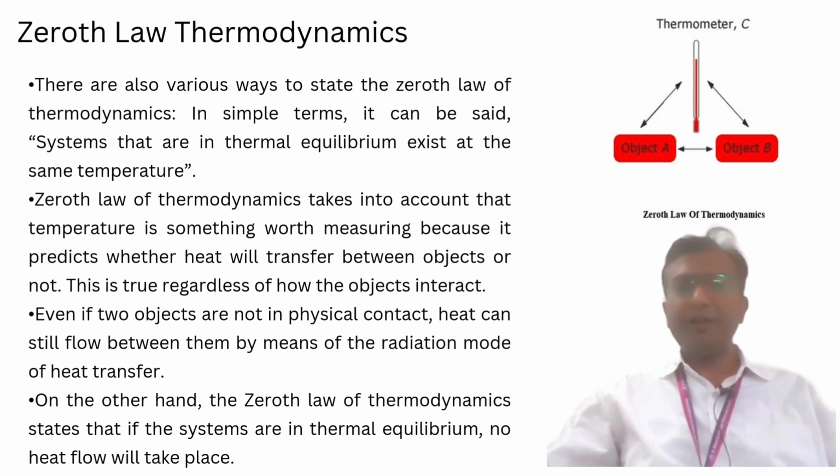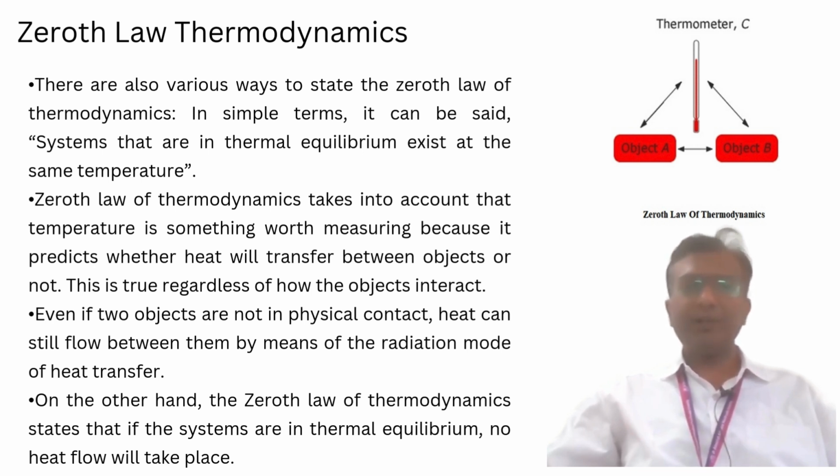This statement encapsulates the essence of the zeroth law. It highlights that temperature is a fundamental property that directly dictates whether heat will flow between two objects or systems. If they are at the same temperature, they are in thermal equilibrium and no heat transfer will occur. Temperature is the deciding factor.